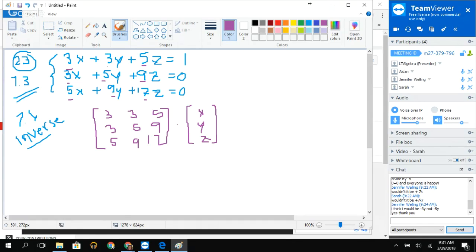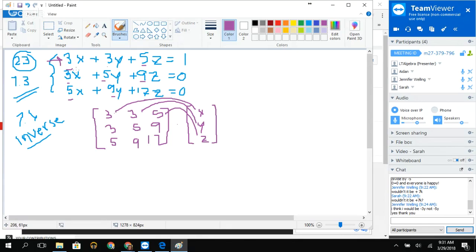Now that you understand how to multiply matrices, you can see that if I multiply my matrix out, I would have 3 times z plus 3 times y plus 5 times x, which gives me my first equation. It's your first row times your first column to get your first entry.